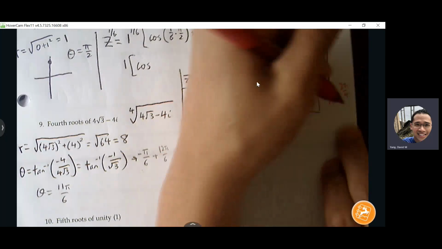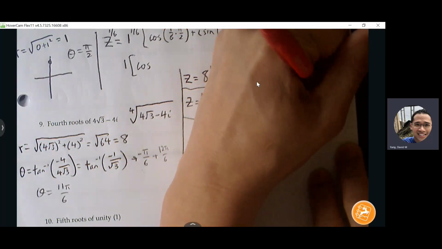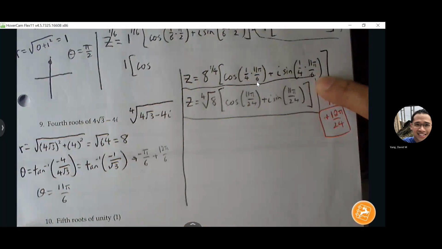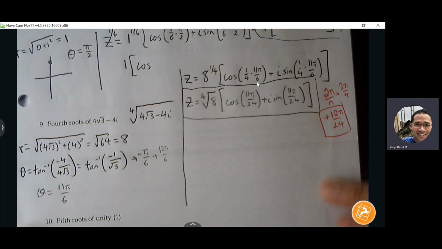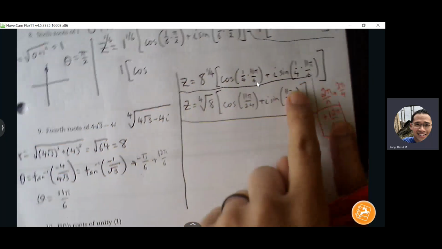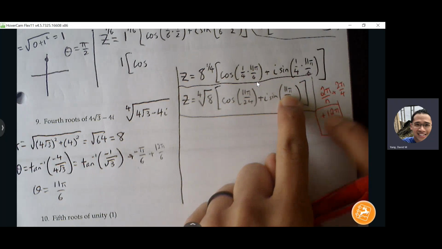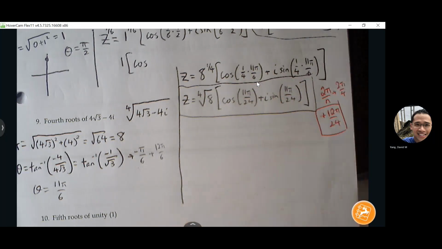To find a common denominator, really I'm just adding 12 pi over 24. And I just have to go down the line and keep adding with the pattern. So 11 plus 12 is 23, plus 12 is 35, plus 12 is 47.